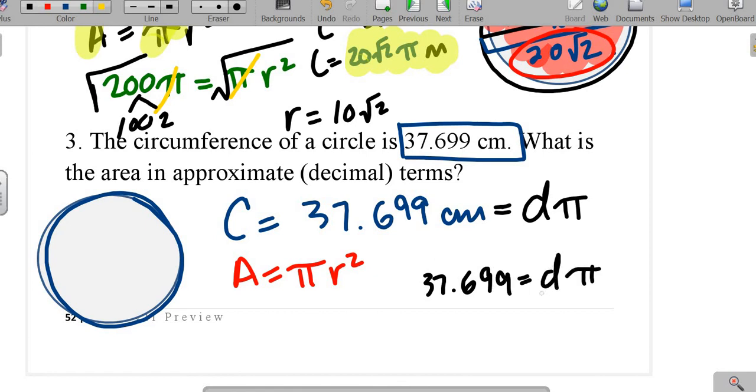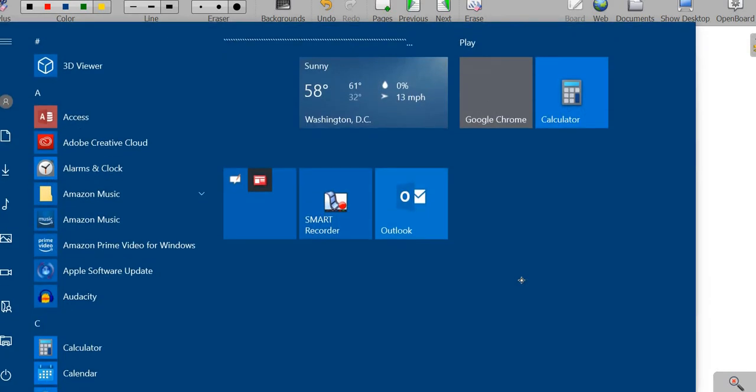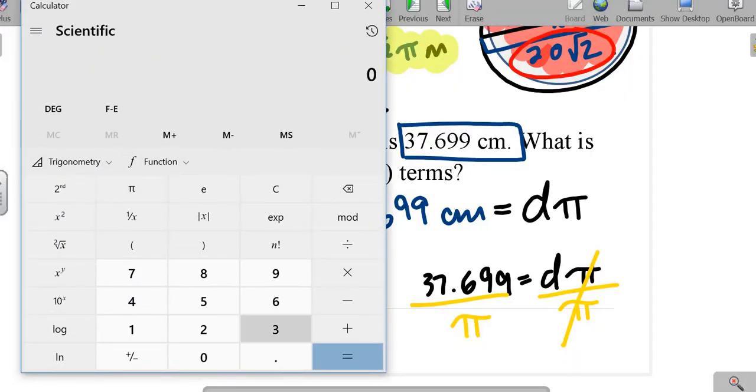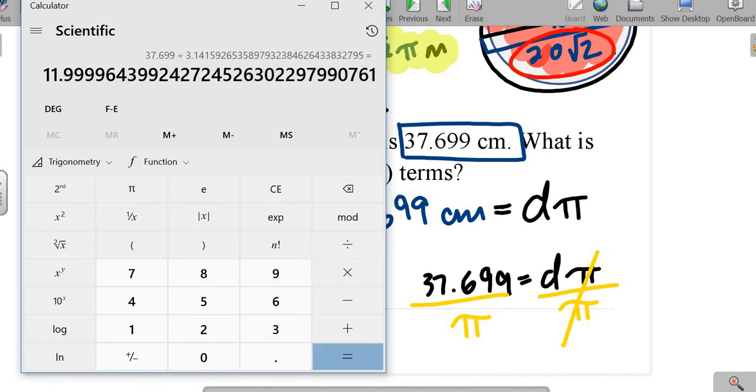To solve, I'm going to divide by pi. So we have 37.699 divided by pi, and we can see with rounding, that's basically 12.